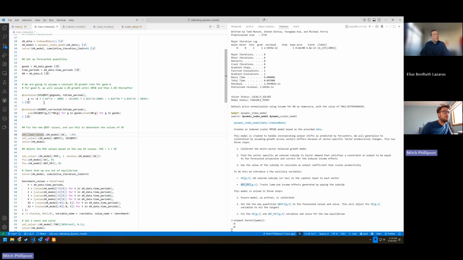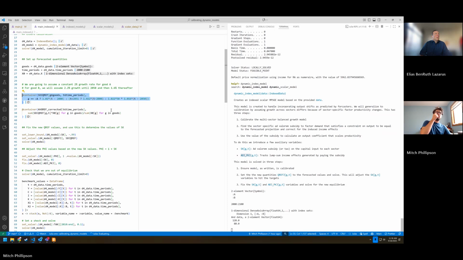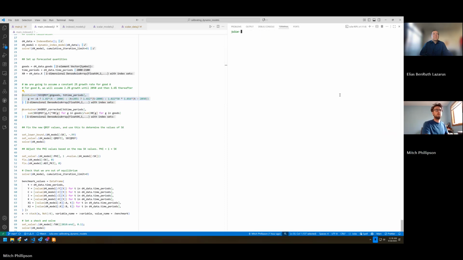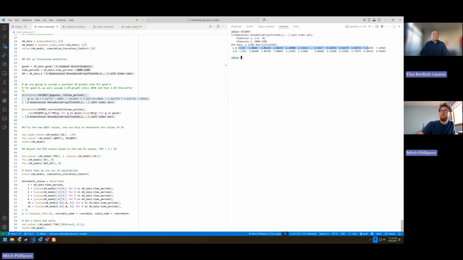So the first thing that I do, I define the growth rates. These are the new growth rates, sectoral QREFs. If I look at set QREF, you'll see they're going up differently, because this one goes up by 2%, this is 2.2, and then 1.6.